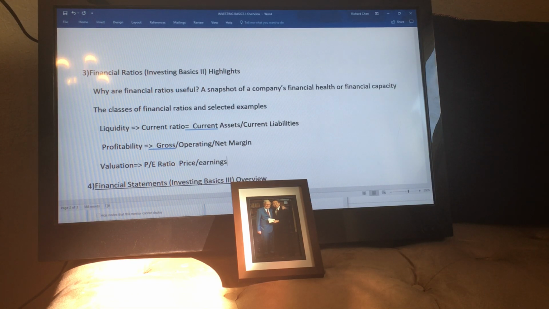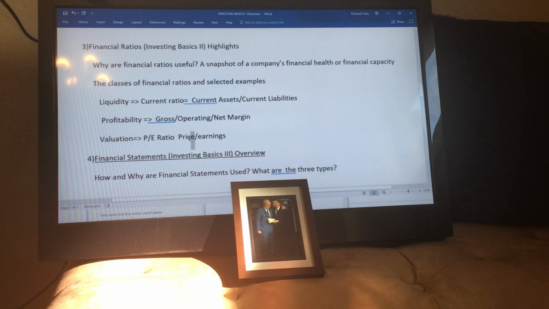Price is obviously the market price, and it gives you an idea of what the market values it at. Whether the market is overvaluing, undervaluing, or correctly valuing it is your own task as an investor to decide.